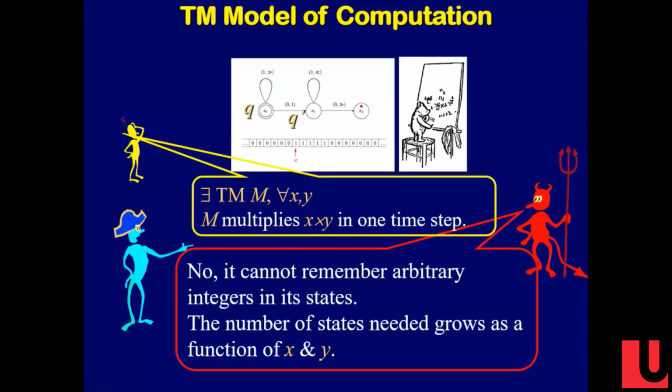Now, it can't remember k squared answers. So there's some xy pair that it doesn't know the answer for. So now it exists. So I have to say, let xy be the pair that M does not have table lookup for.